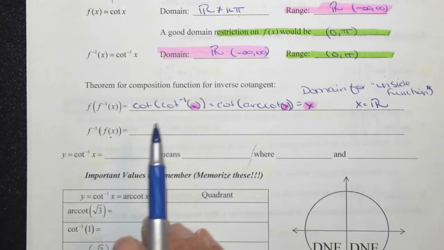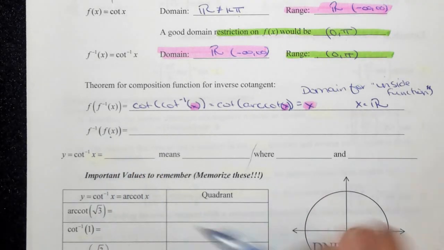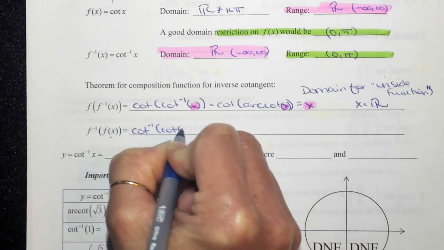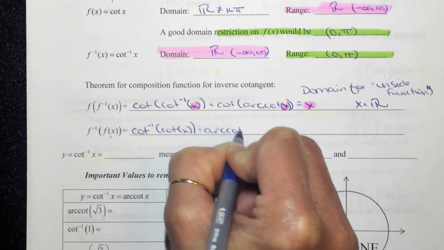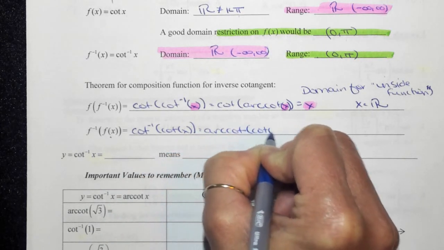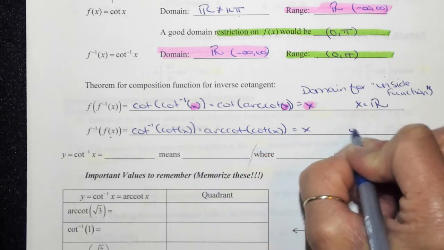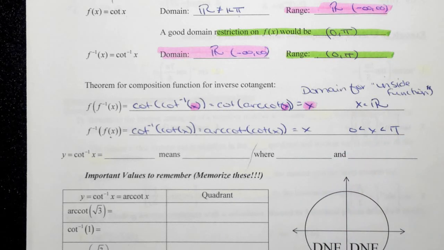So if I have any other value from 0 to pi on the inside, I need to make adjustments. So here we have the inverse cotangent of the cotangent of x, which would be the same thing as the arc cotangent of the cotangent of x, would be equal to x, provided my x value falls between 0 and pi, but not equal to pi.